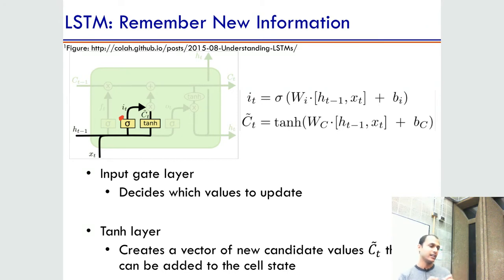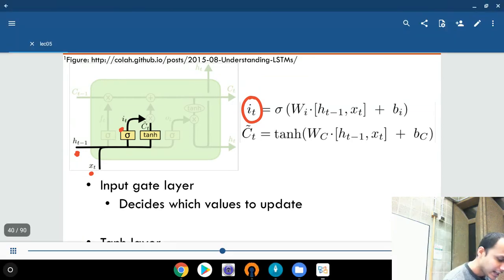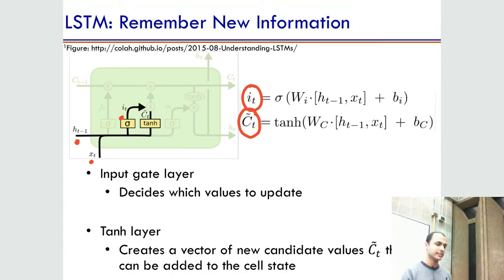I'm calling that i subscript t. And I'm passing the same two, ht-1 and xt, to the tanh, which was the tanh from the first few slides. It gives me another thing, which is C tilde t. That's the candidate information that I want to add to the cell state.